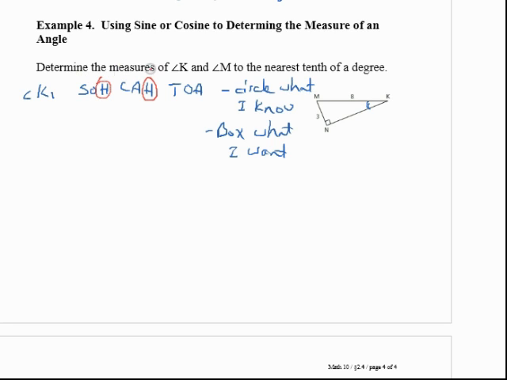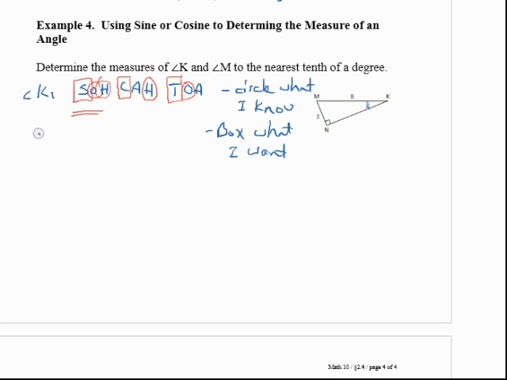And I know the opposite. And I'm looking for the angle, which means with this equation I'm looking for the sine, the cos, or the tangent. So I'm going to box the sine, the cos, and the tangent, because I need to find that, and then I use my calculator to find the angle. Notice that all three things are marked in this one. That means I'm going to use sine.